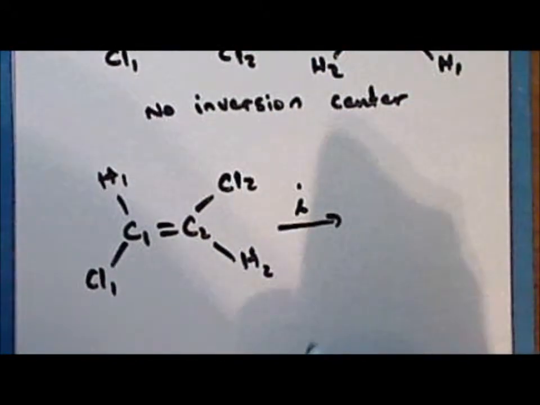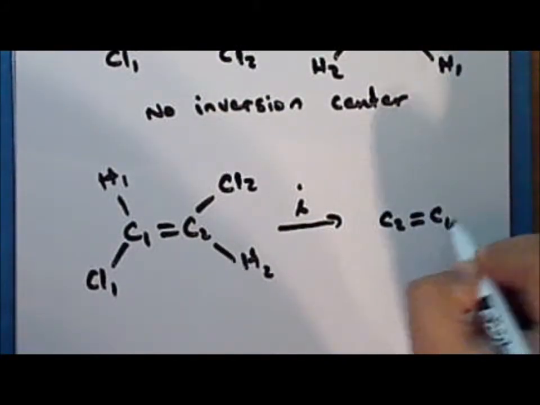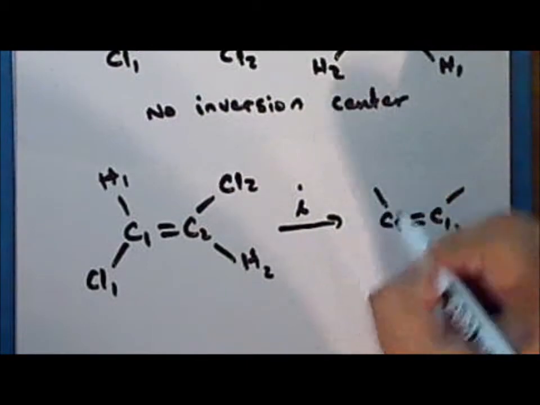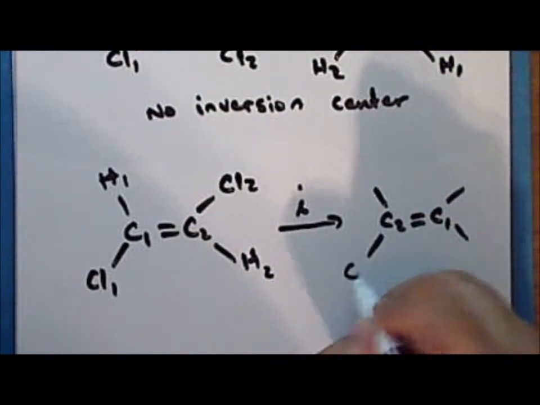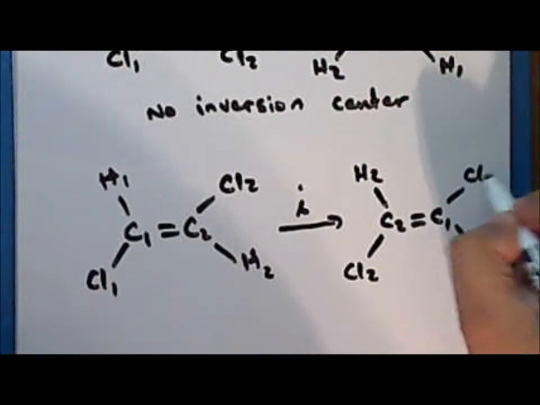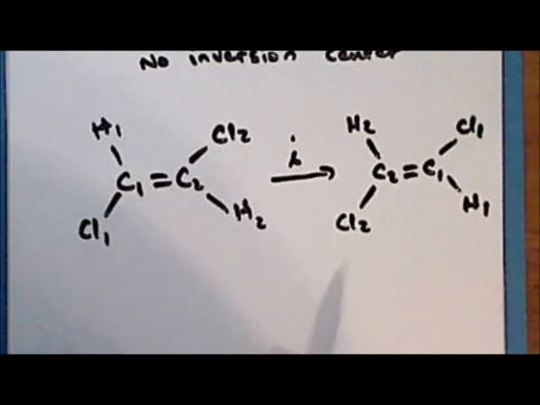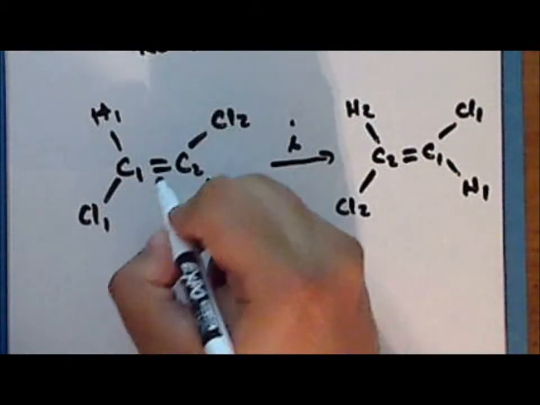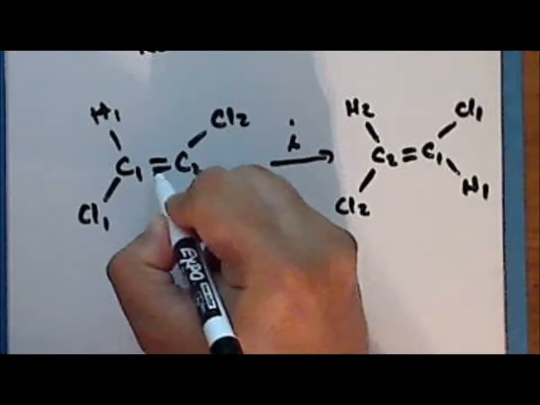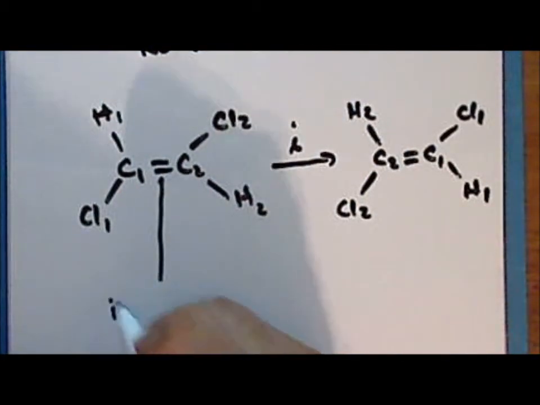If we invert this molecule, then we do have an identical molecule, and so the center of this molecule, which is the center of the pi bond, is an inversion center.